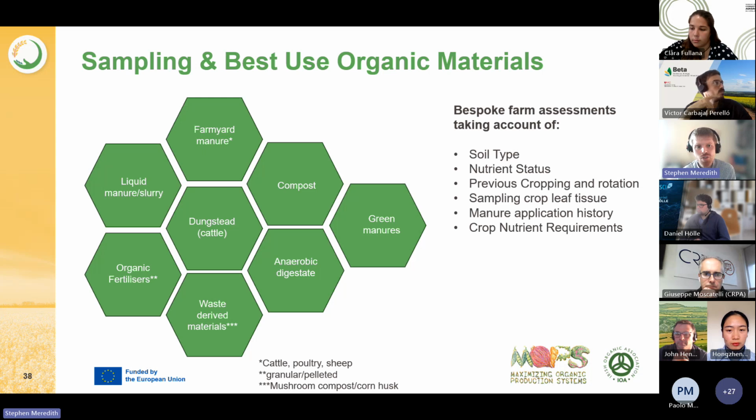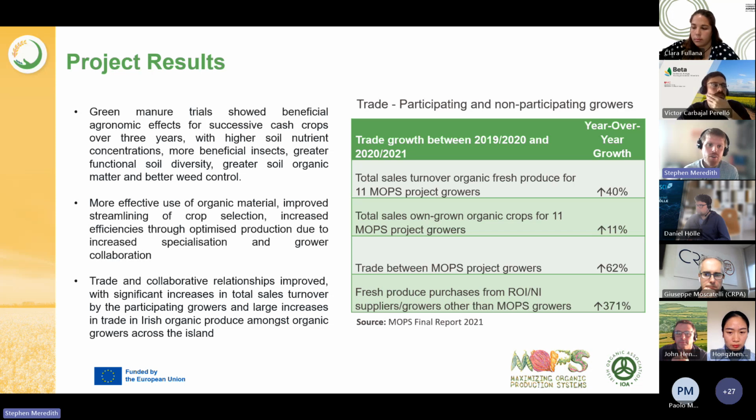So they were the two key areas that we were looking at from a soil and nutrient management perspective. Just to recap, I've touched already briefly on the organic manure trials in terms of their beneficial agronomic effects.